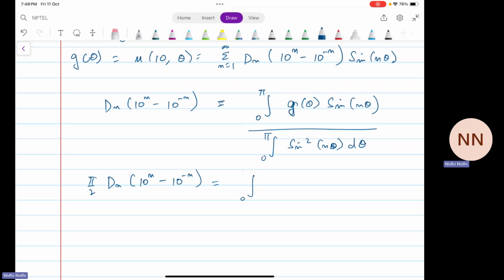This is integral 0 to pi by 2 of 50 theta sine n theta, plus integral pi by 2 to pi of 50 (pi minus theta) sine n theta d theta.